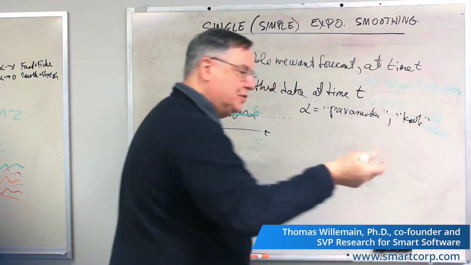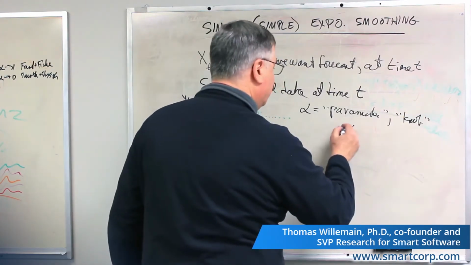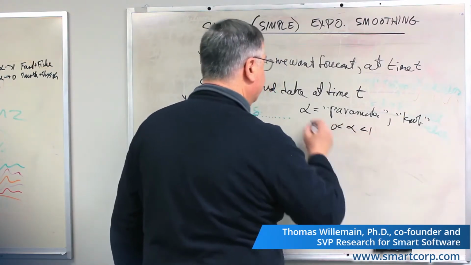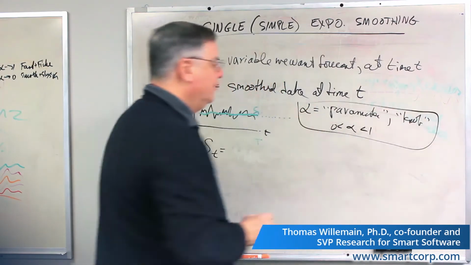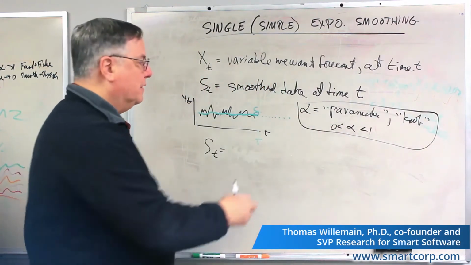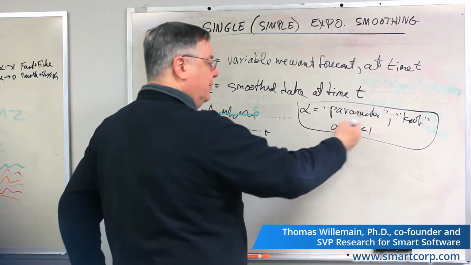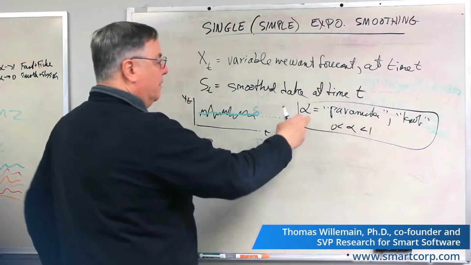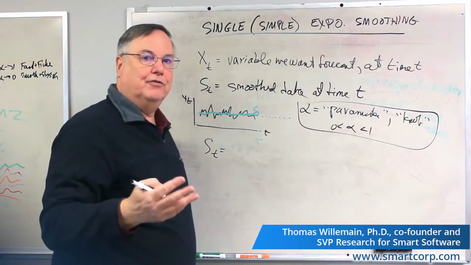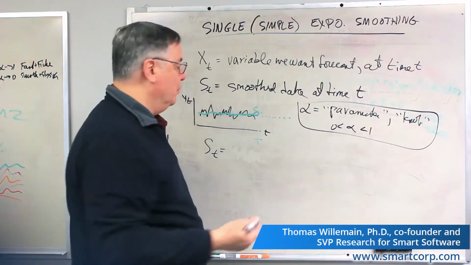It's something we adjust. It can go between 0 and 1, and we have to set that. And we'll talk about whether it should be closer to 0 or closer to 1. But we'll pick a number, say 0.1 is a common starting point.